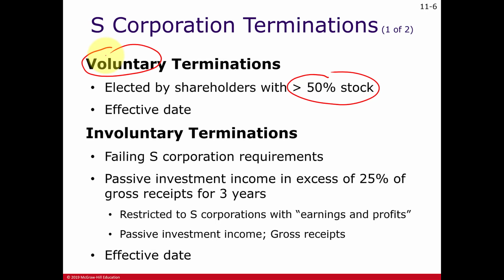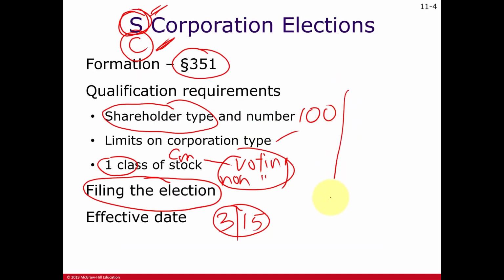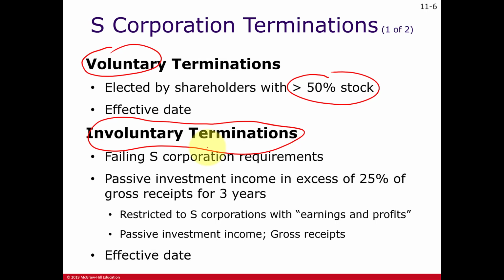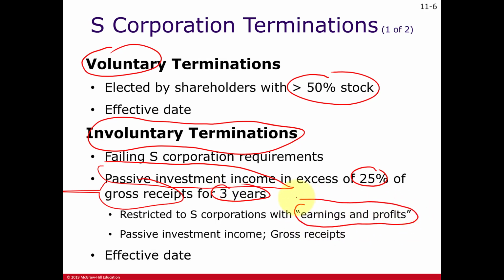Now, it's possible to have an automatic, involuntary termination if you don't meet the requirements mentioned on the past screen. For example, you go over 100 shareholders, or you have more than one class of stock. And we'll see some others here. If you have excessive passive investment income, where it exceeds 25% of your gross income for the past 3 years, and you have retained earnings classified as earnings and profits.